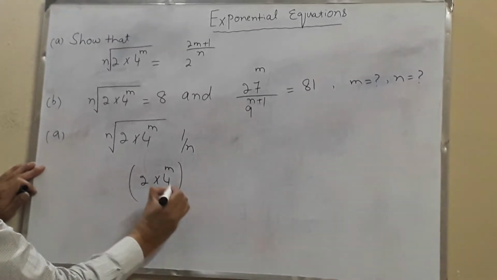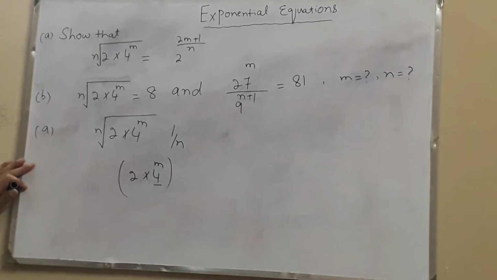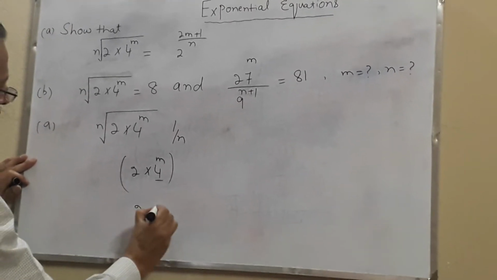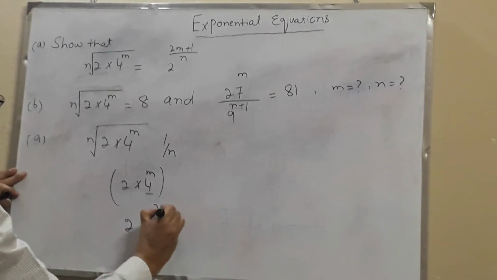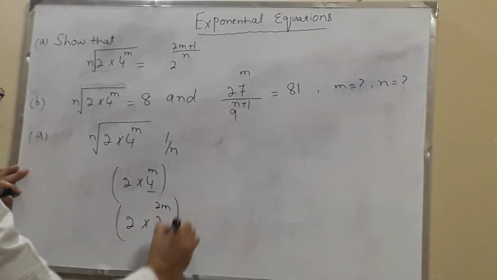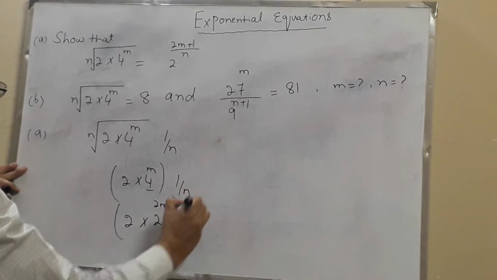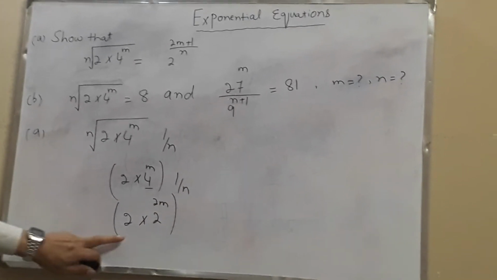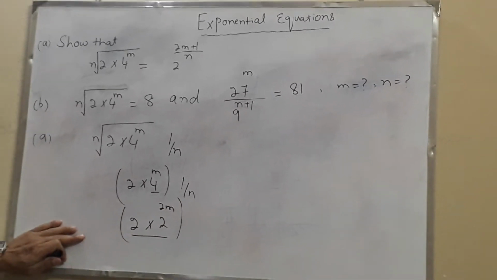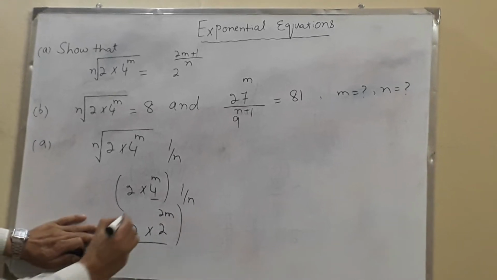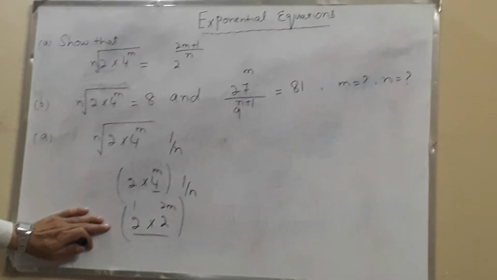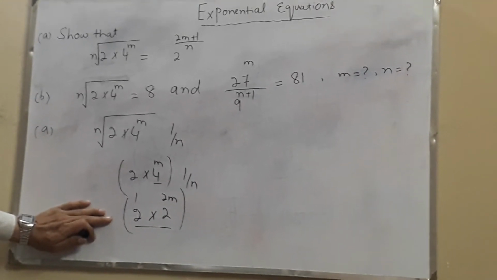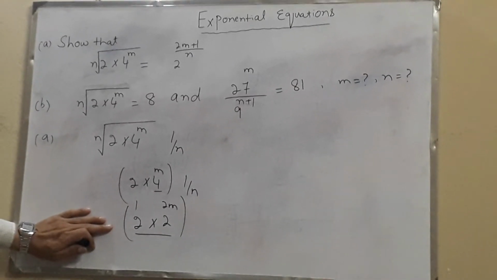Now, this can be written in the form 2 into 2 raised to the power 2m and whole power 1 over n. Now remember, applying the first law of indices, which says when two same bases are multiplied, then their powers are going to be added.